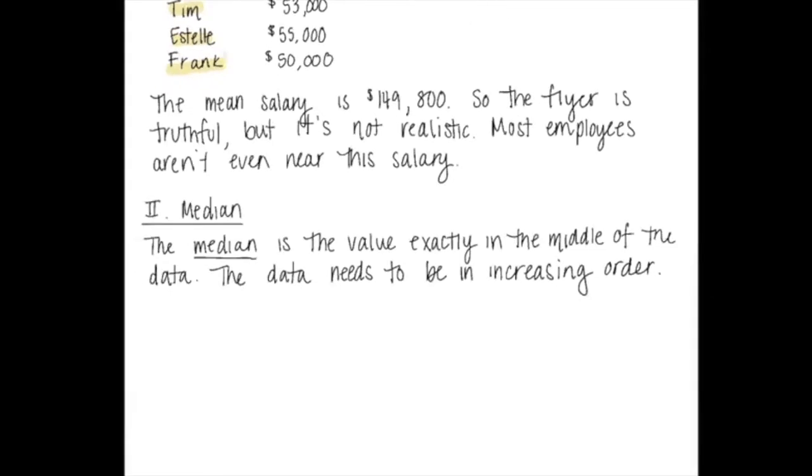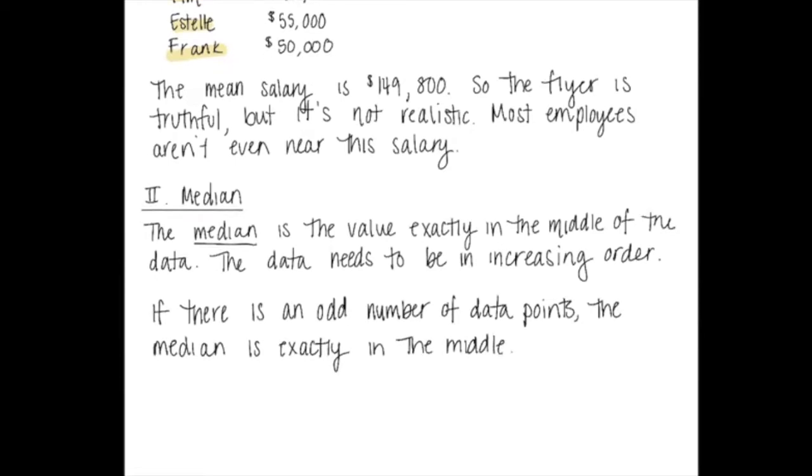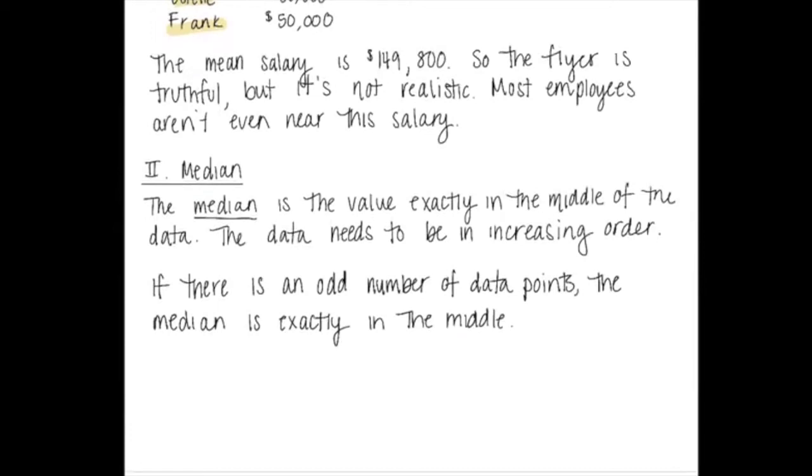So if there's an odd number of data points, the median is exactly in the middle. So there will be a single number that is directly in the center. If it's even, you really kind of have things split, so there's two numbers that will fall in the middle.